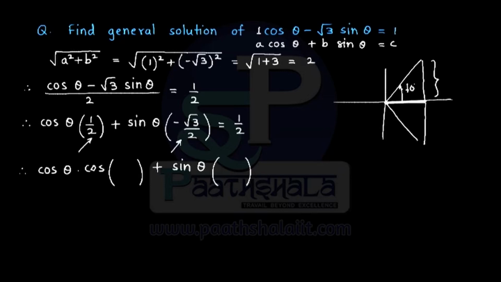So therefore we must consider the angle minus 60 degrees where the sine will be negative, correct? So here we have to write cos of minus pi by 3, and here we have to write the sine of minus pi by 3. I forgot to write the sine, so it has to be sine of minus pi by 3.